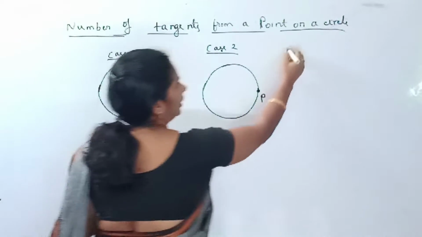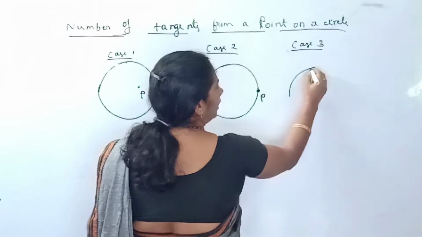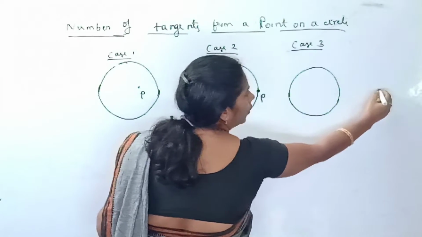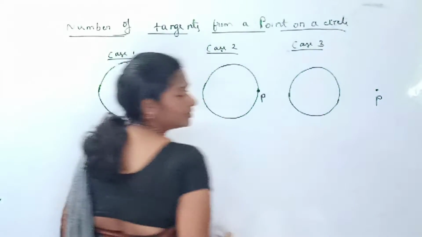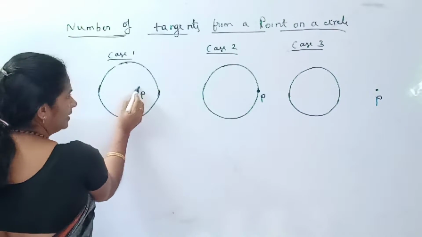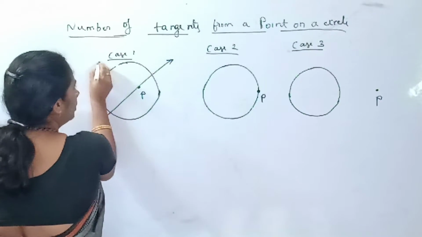Got it? Now case 3, the point is outside the circle.